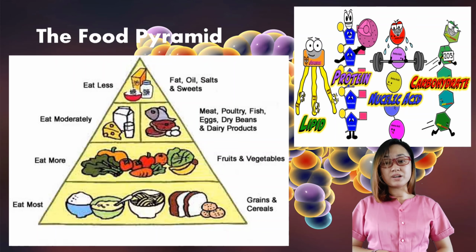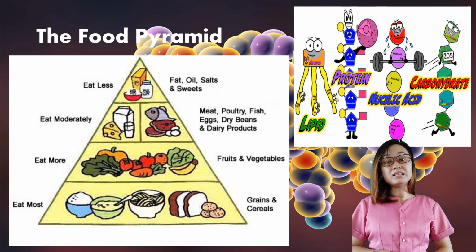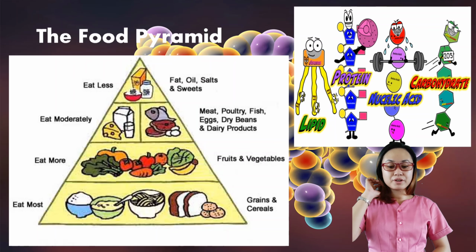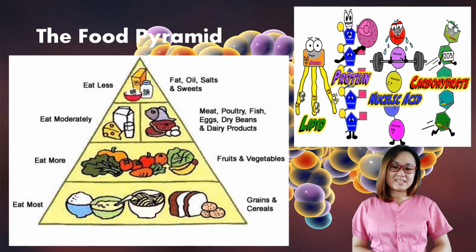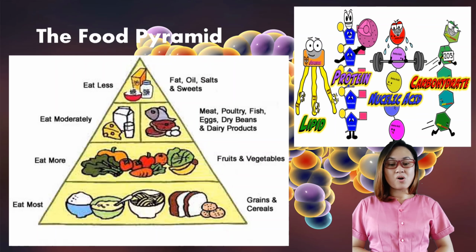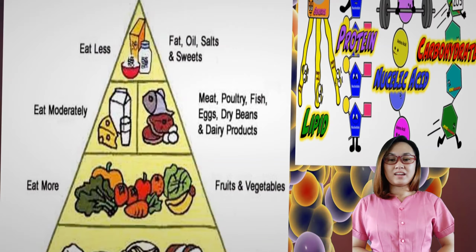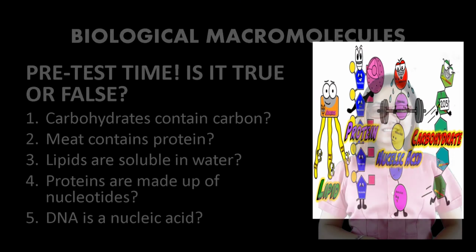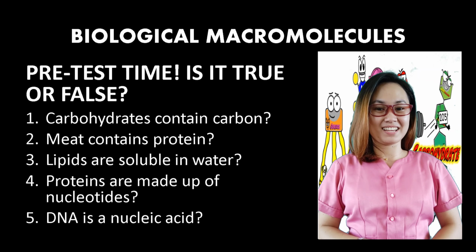Next is eat moderately, or in moderation, because excessive consumption can lead to diseases: the dairy products, and the fish and meats. Lastly, we should eat less, wherein fats, oils, sweets, and other salts are in there. And now, we're done with our recall and your preview regarding our lesson.